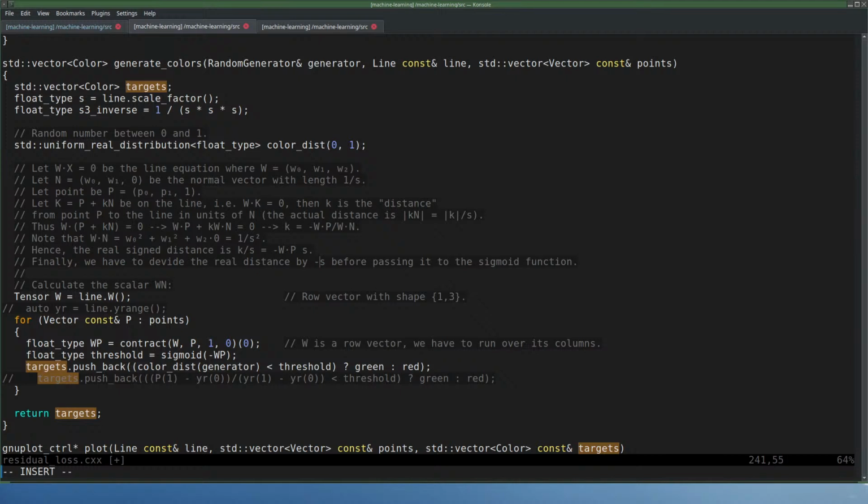By s, which is trivial because you want to pass it to the sigmoid function. That's what the scale factor is about.